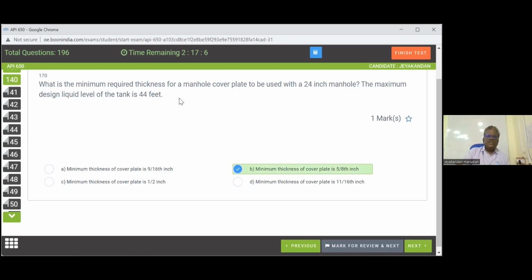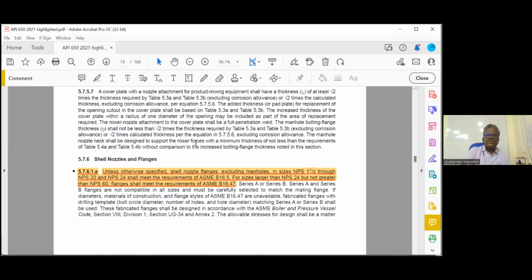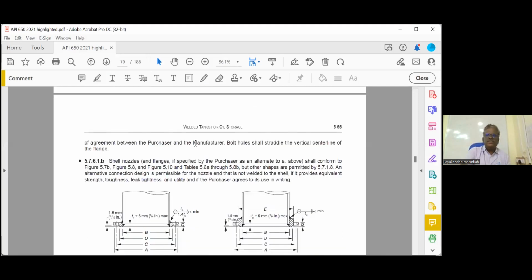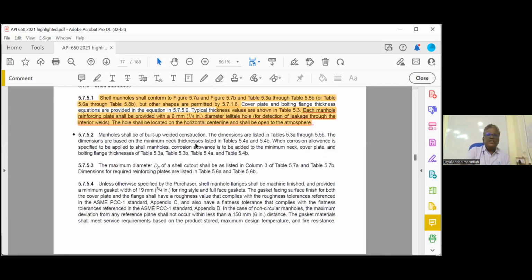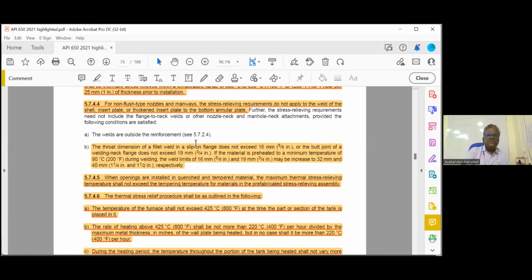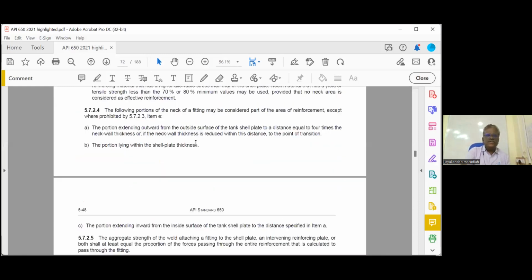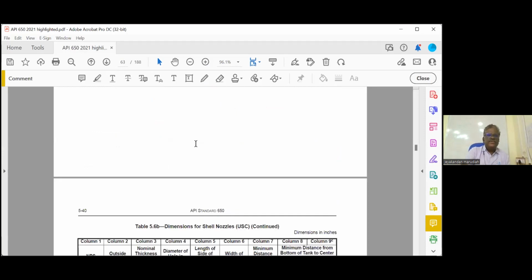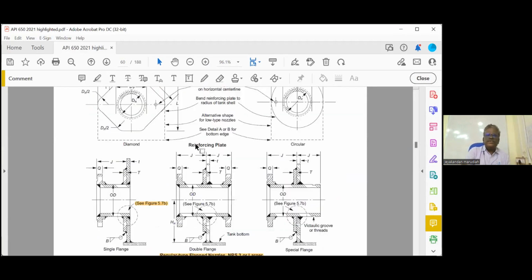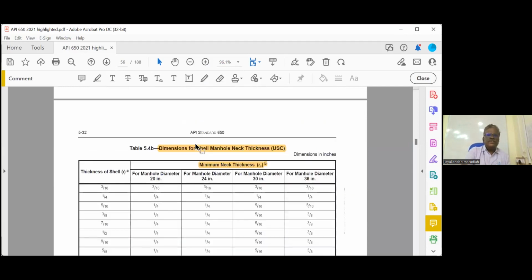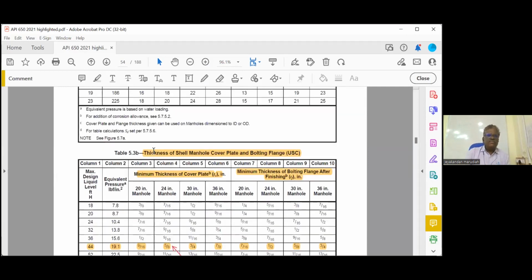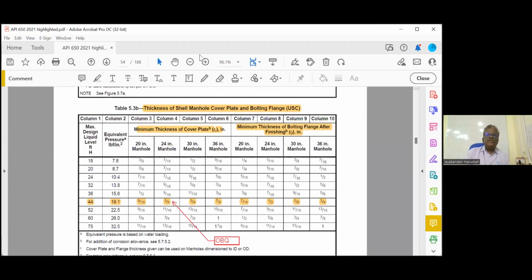Where is it given? It is given here. Okay, you can see here, this is the table you have to refer: thickness of shell manhole plate and the bolting flange.